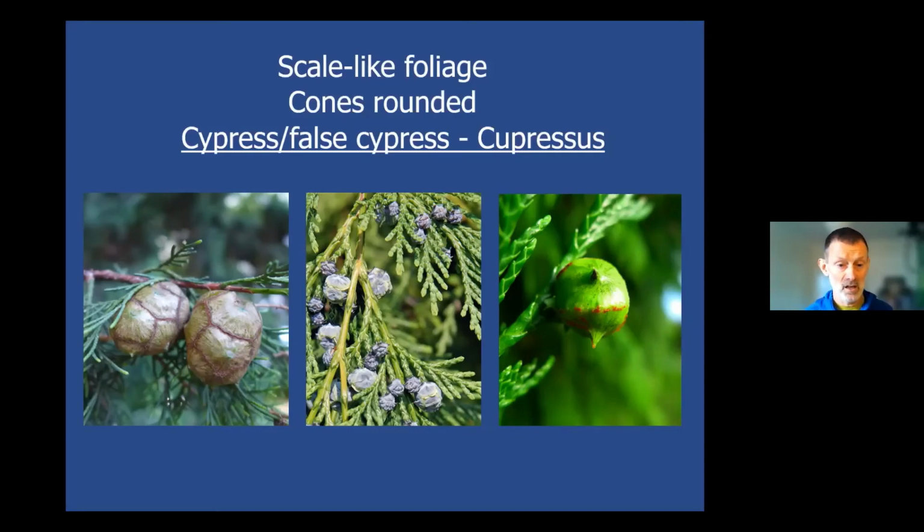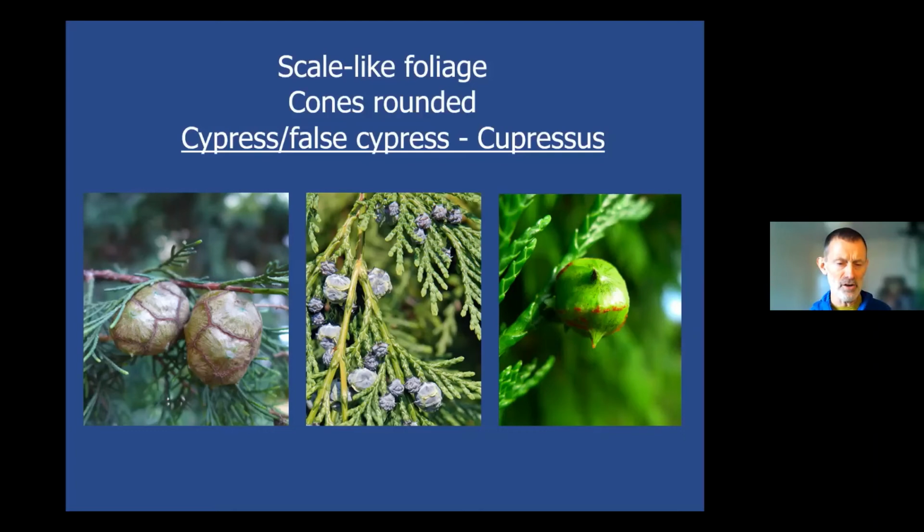And are they smooth, or more or less the ones on the left, or do they have little spines in the centre of the individual scales? Sometimes they might just look a bit wrinkled. And these are all examples of unripe cones here, so they will turn brown eventually, and each of those scales will open up and then the seeds will fall out.